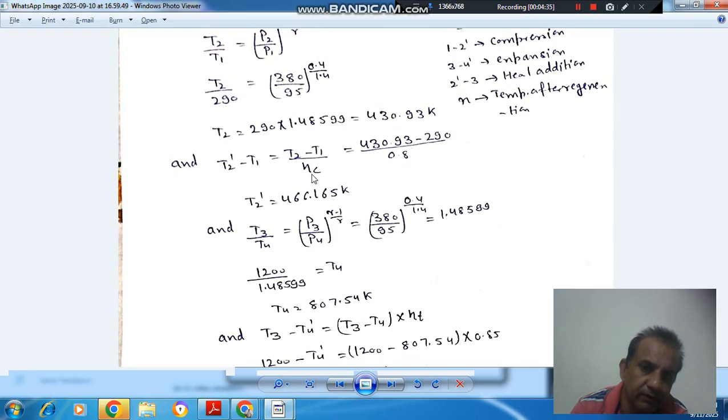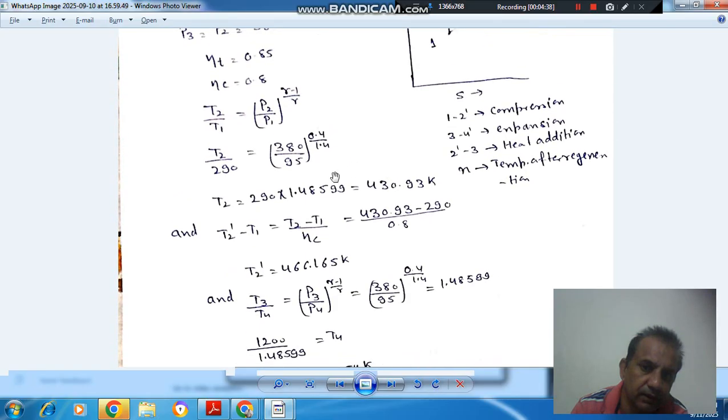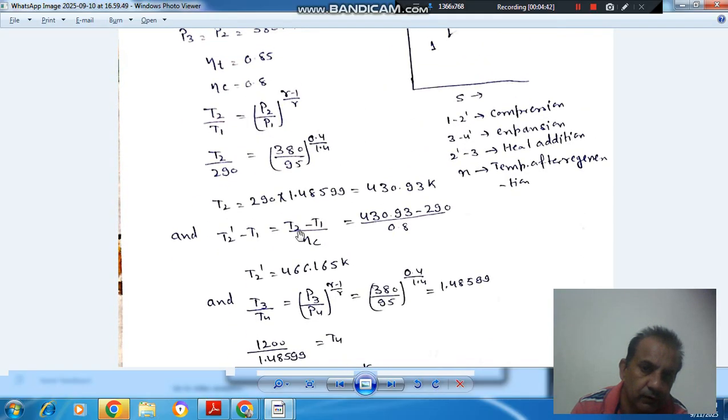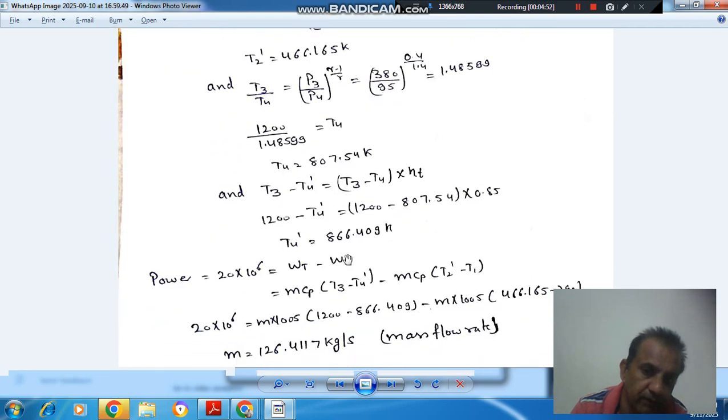In case of compressor, we have to divide the isentropic temperature rise by the compressor efficiency. In case of turbine, we multiply the isentropic efficiency with the isentropic temperature drop to get the actual temperature drop.